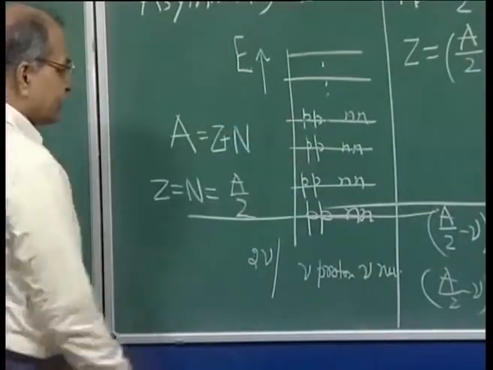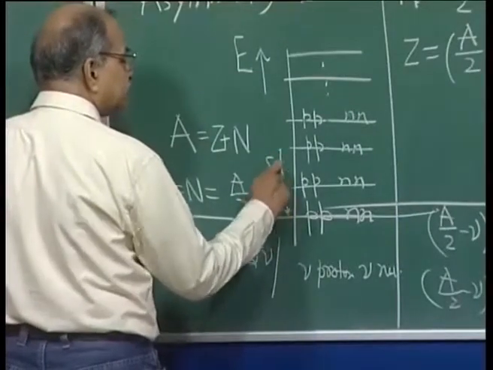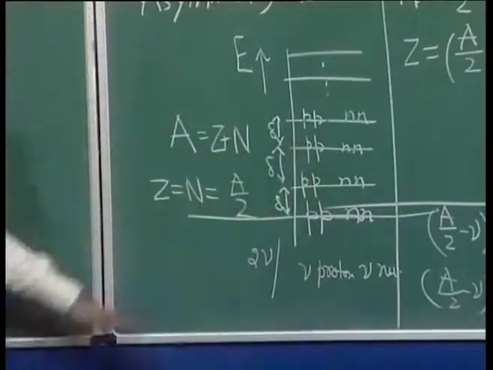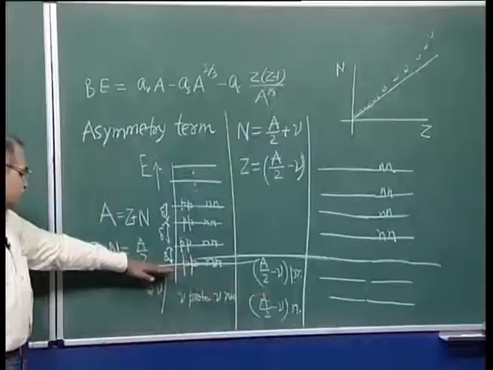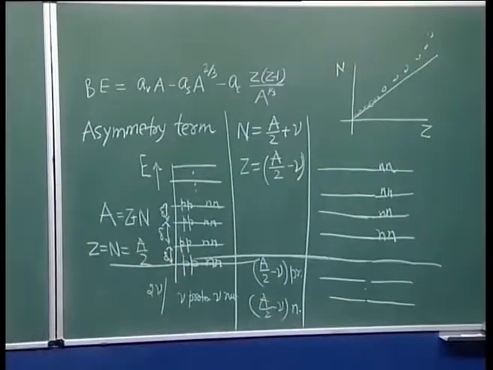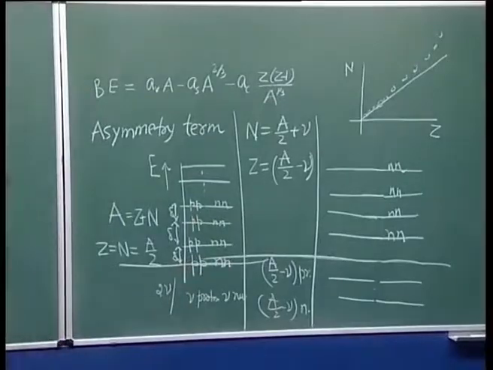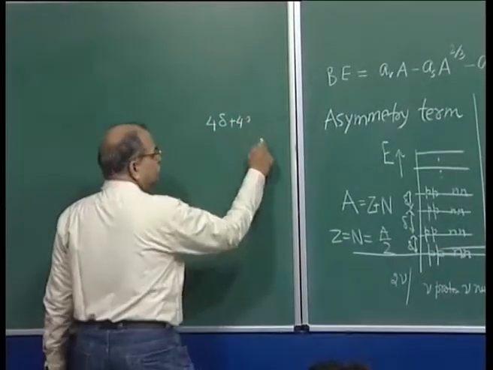So, what is the energy? Suppose this level spacing is delta. So, let us calculate the extra energy. Up to here it is common, here and here it is common. After that, there are 4 particles at energy delta, right. Then there are 4 particles at energy how much? 2 delta.